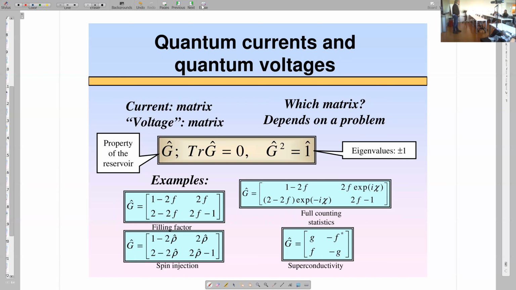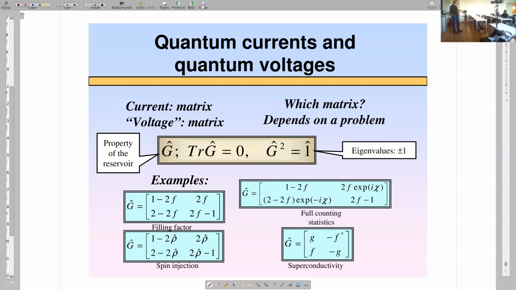I will call them using the letter G, because historically and mathematically, these voltages originate from the electronic Green's function. Some complex information about the electronic Green's function, in principle at a certain energy.